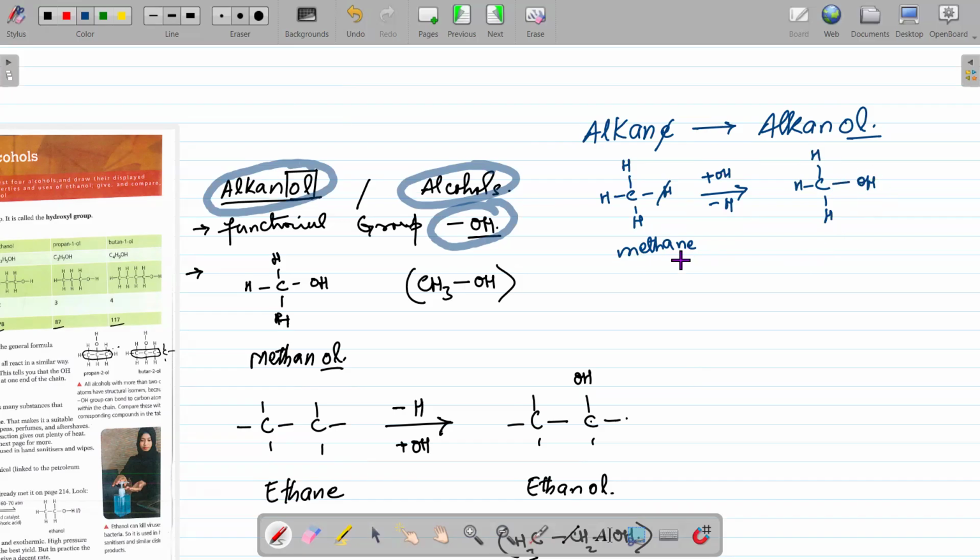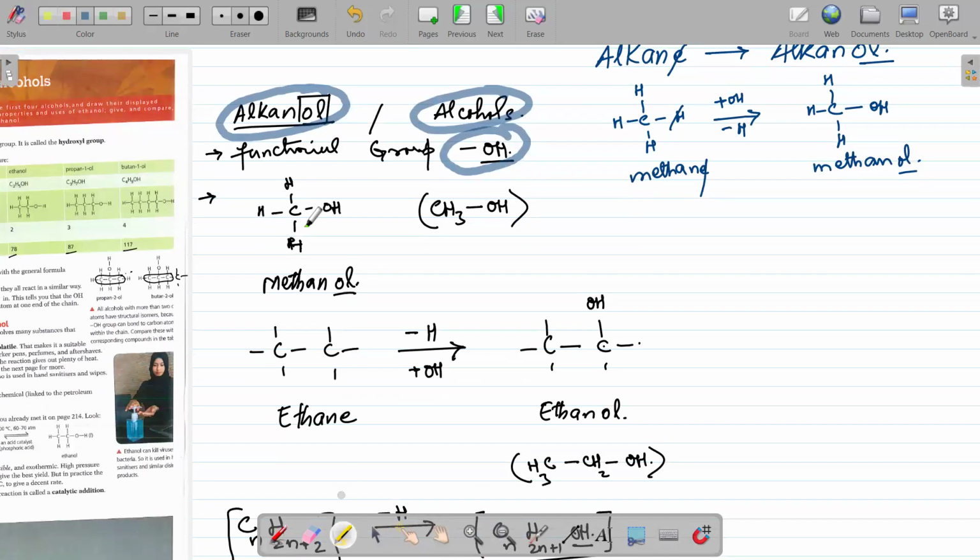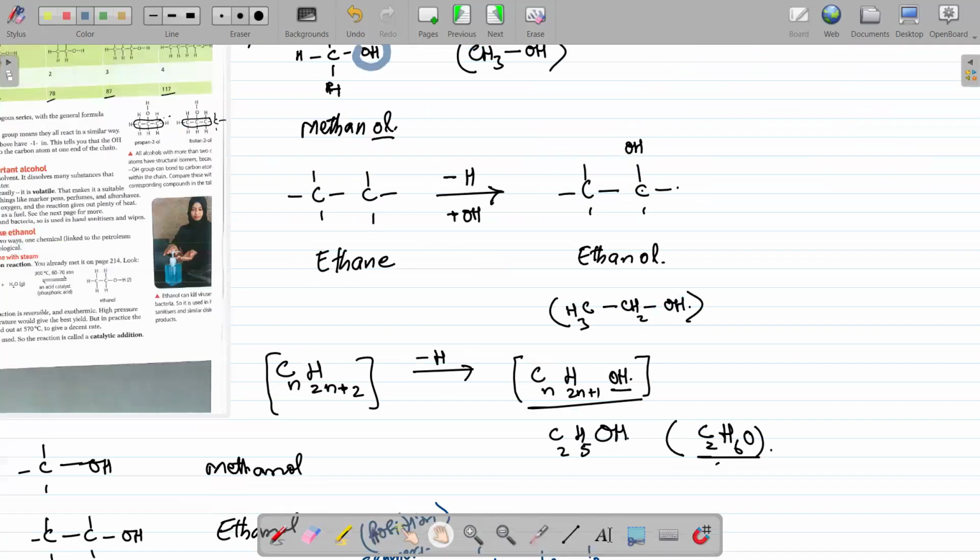The name will be methanol, exactly the ending E replaced by OL. The OH group is present in this compound. Similarly, take ethane.